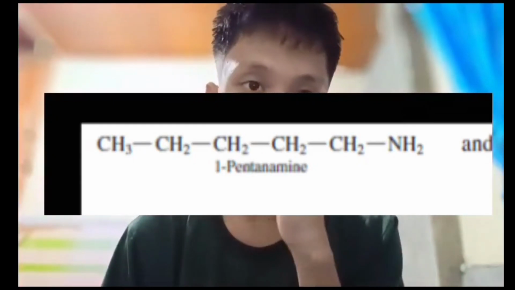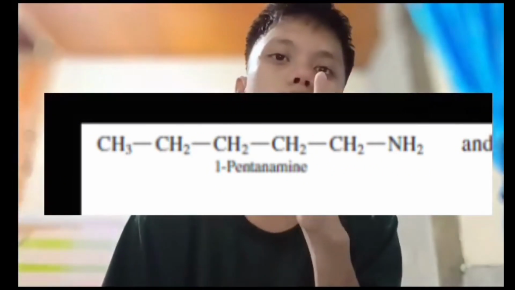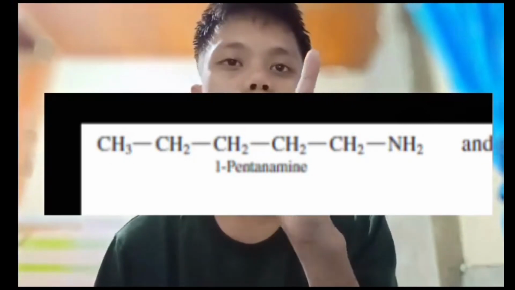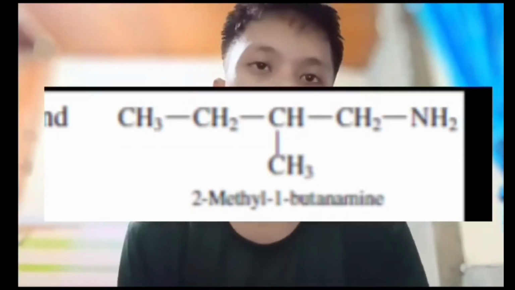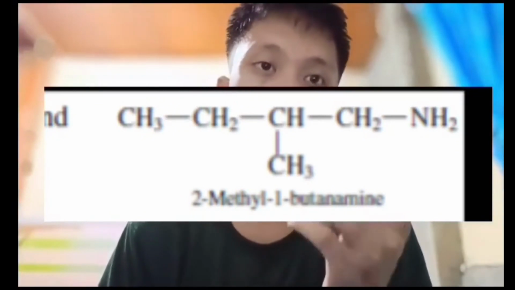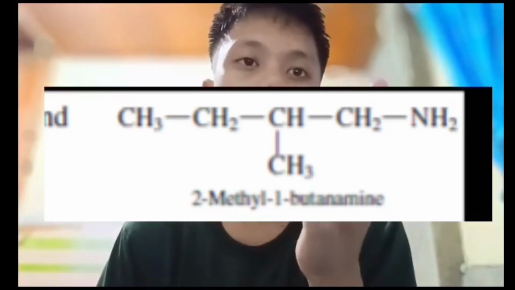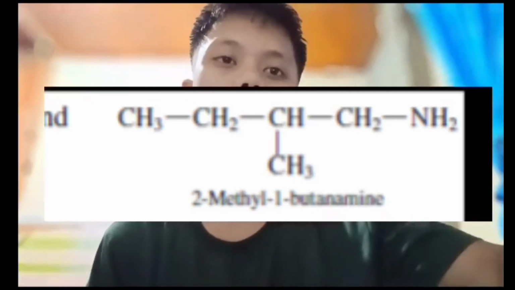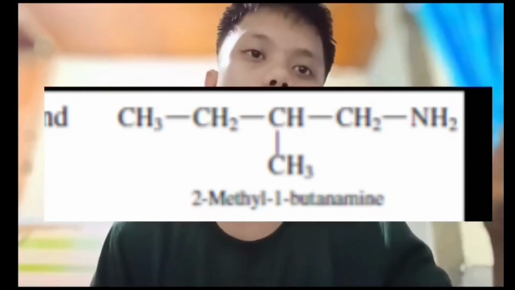So dria kay naa tay pero atong functional, so lima ka buok na carbon, then itong carbon sa first sa nitrogen carbon, 1 then 5, which is the pentane, so pentanamine. So then sa second structure is 2-methyl, kay duwa man kabuok methyl, methyl siya substituent sa carbon 2, 2-methyl then 1-butanamine.